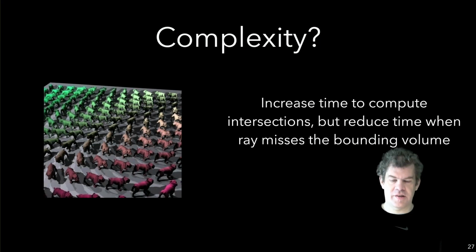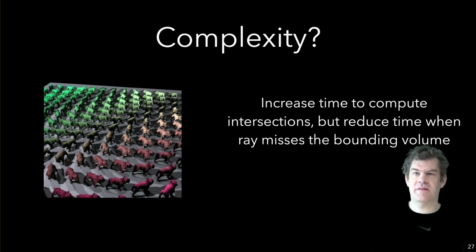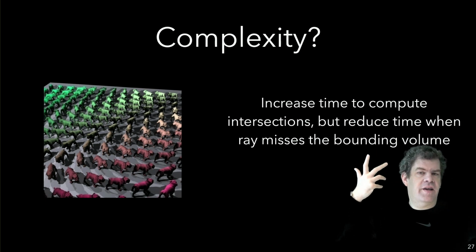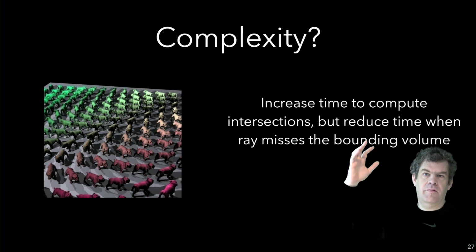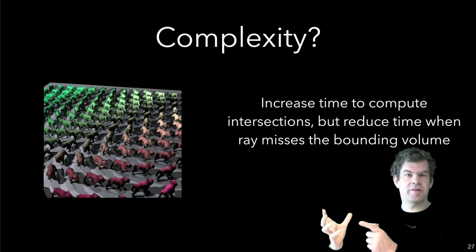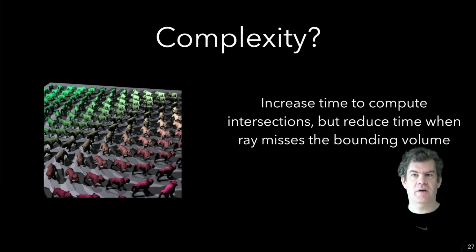Now the question is, how does that perform, right? Let's say I've got a ton of objects here that I want to render, a lot of dogs, I think. And what's the complexity of that? I guess it's pretty straightforward. When we have an intersection, it takes a little bit more time. It takes, say, a million triangle tests plus one sphere test for one of these dogs.